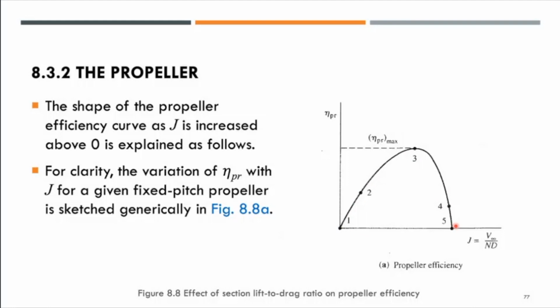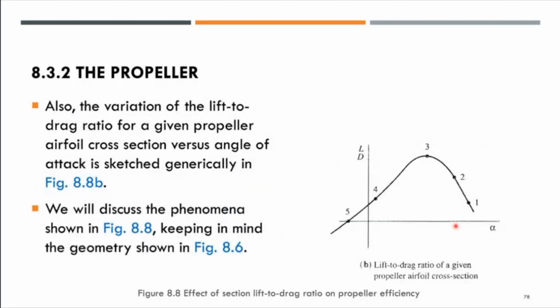Then we are going to explain one by one. Also, the variation of the lift to drag ratio for a given propeller airfoil cross section versus angle of attack is sketched in 8.8B. This is L over D, lift to drag ratio, with the angle of attack alpha. Okay, so we will discuss the phenomena keeping in mind the geometry shown in figure 8.6 earlier.